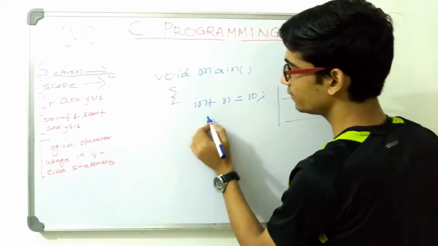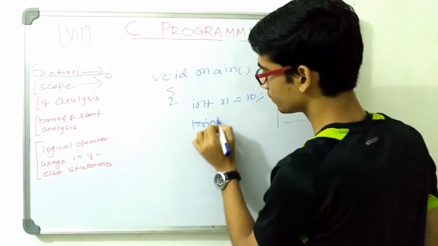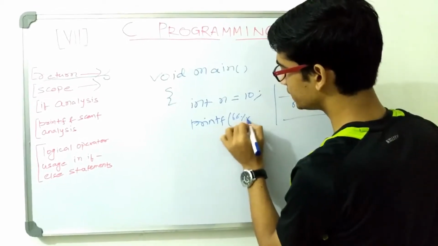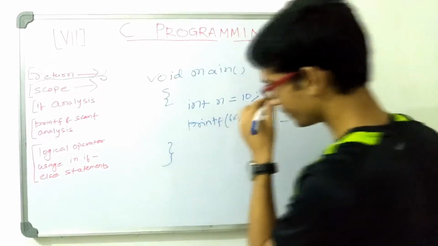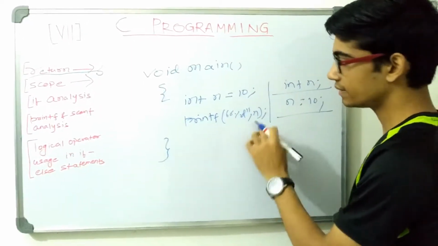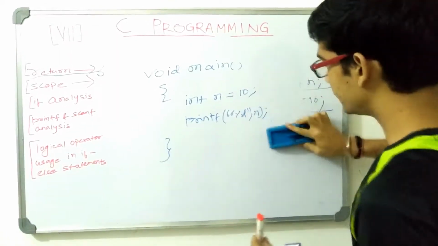And then we write int n equal to 10, printf with %d comma n. Okay, so yes, this is very obvious, 10 will be the output. Okay, what if I modify the program like this?